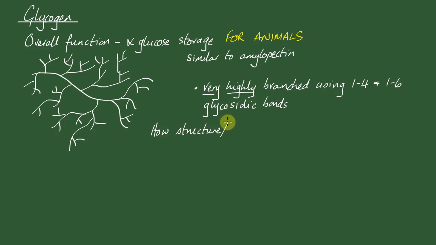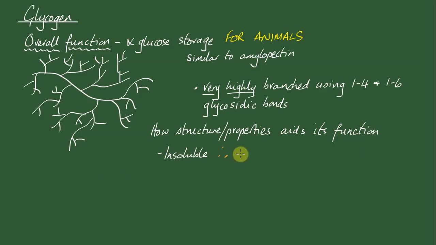And here are the key points again of how the structure or the property of the molecule relates to its function. And there are repetitions, but I'm doing this deliberately because these are the structures and the properties that are talked about in mark schemes with the accompanying explanations.